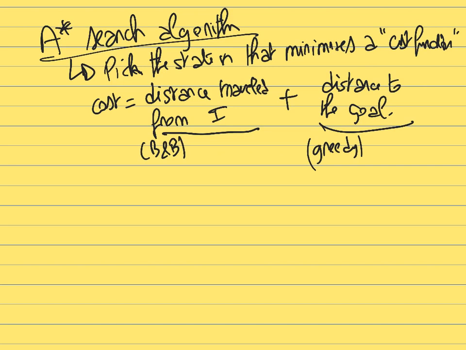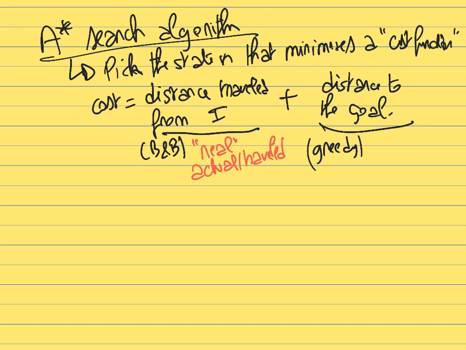The distance traveled from the state I is the actual distance that you actually drove. So if the road is not a straight line, if the road is made of a zigzag, let's say, we take into account the real distance traveled from the state I, not the flight distance. This is because this is the distance that you have already traveled.